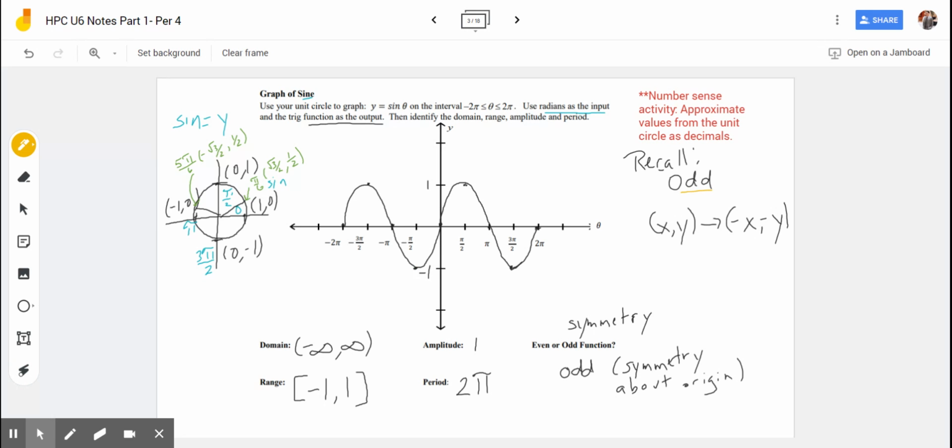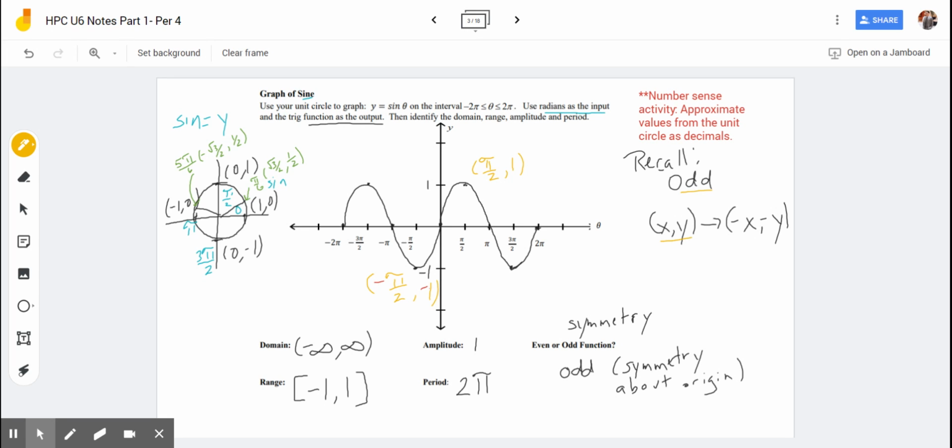It's odd because of (pi over 2, 1), and if we switch the signs of both of them, we have (-pi over 2, -1).